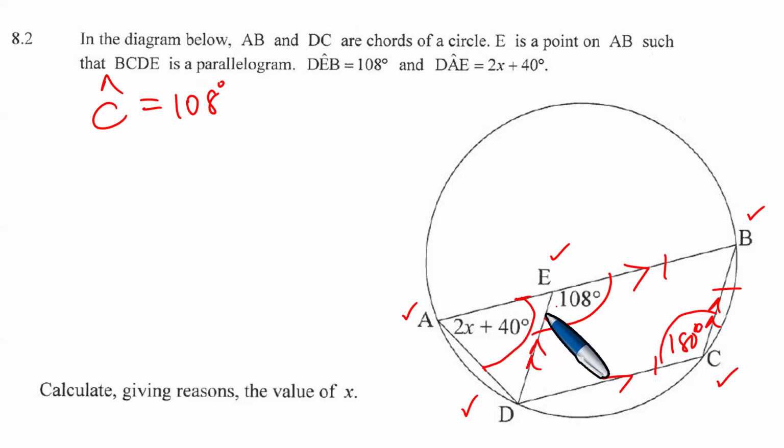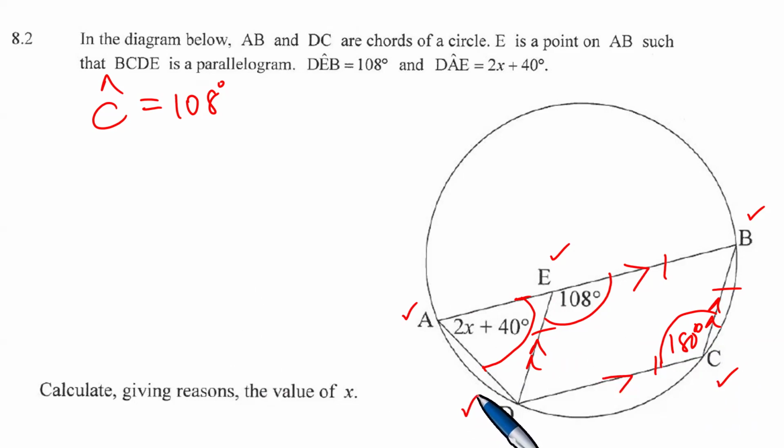So in other words, this angle is 108 degrees, but also this one is 108 degrees. These are the opposite angles of a parallelogram, which are equal to each other.